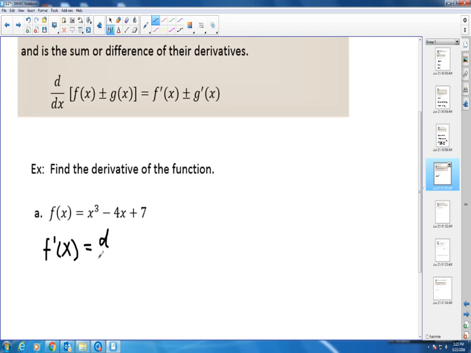So that will be the derivative with respect to x of x to the third, minus 4 times, factor out the constant, minus 4 times the derivative with respect to x of x, plus the derivative of my actual constant itself, 7.